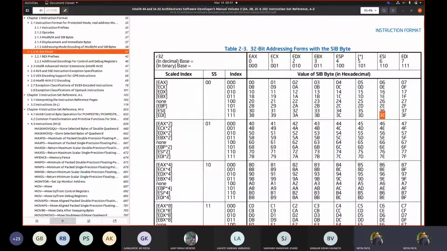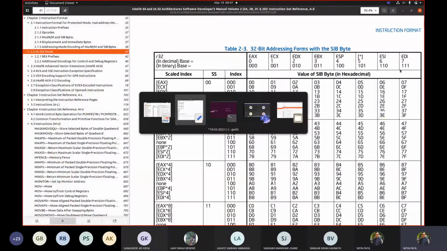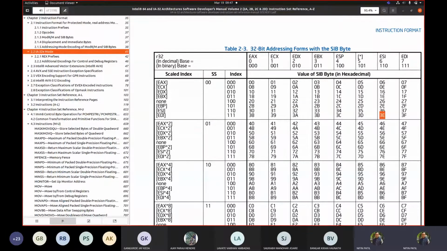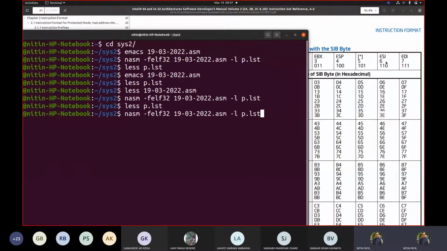In bracket, this also would be in bracket, but this would be used as a base. You can see R32 decimal base is EAX, ECX. These would be base registers. So I want 3E. So ESI and EDI are to be used. So let us go and write the code. Let us input that in the code.